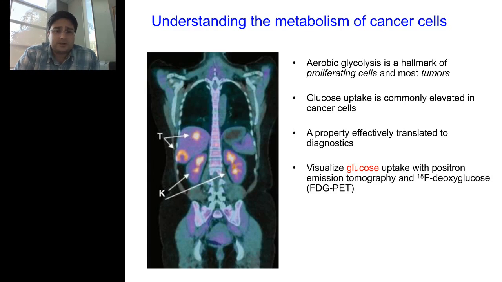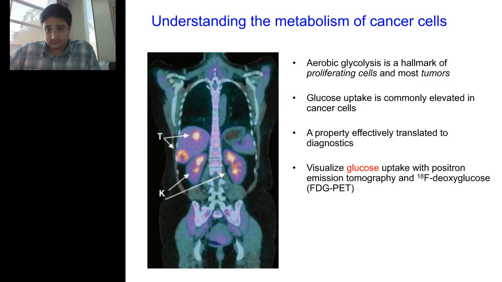We commonly exploit this for diagnostic purposes in the form of FDG PET imaging, a picture of which is shown here. We use this as a great tool to identify sites of metastasis or tumor sites in patients. But this only scratches the surface with respect to cancer metabolism.